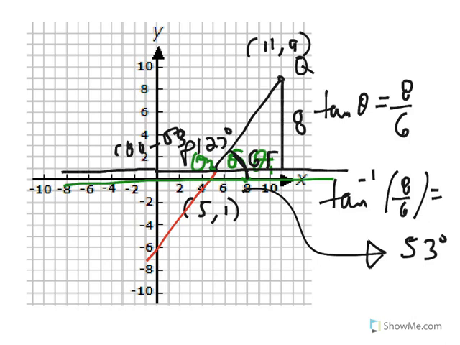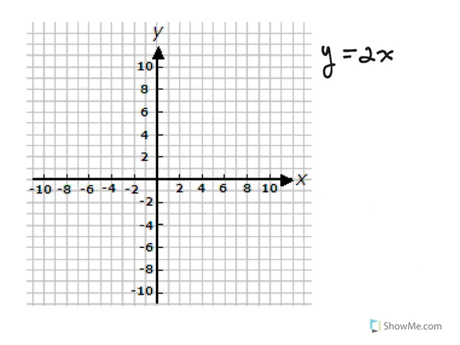So we have these two angles. In general, the tangent of the angle is equivalent to the slope of the line segment.